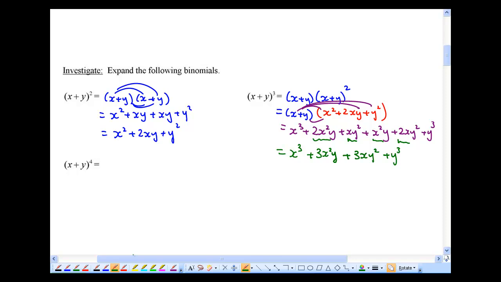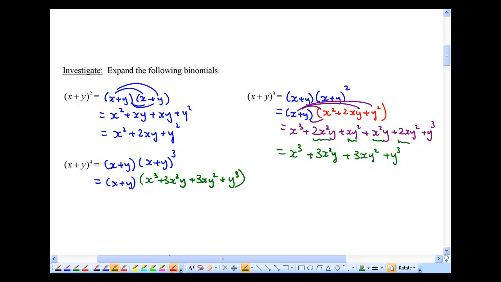And then we'll do (x + y) to the power 4. And that's just (x + y) times (x + y) to the power 3. We know what (x + y) to the power 3 is, since we just did that. So I'm going to copy that from the previous question. Okay.